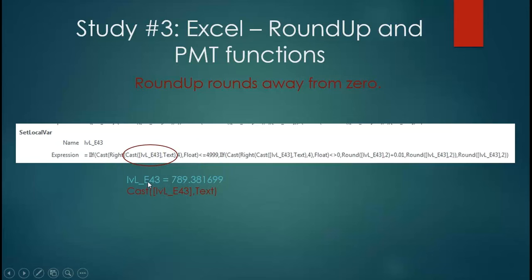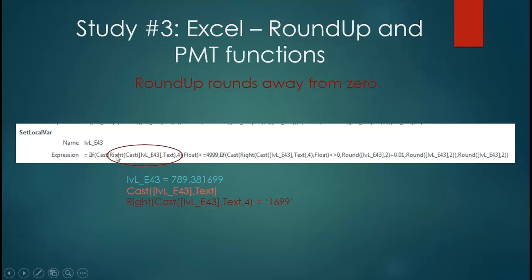We've got E43. After we get done with that first calculation, E43 is equal to $789.381699. First thing we're going to do is cast that to text. Cast changes one data type into another data type. Okay, so that's the first thing we do.